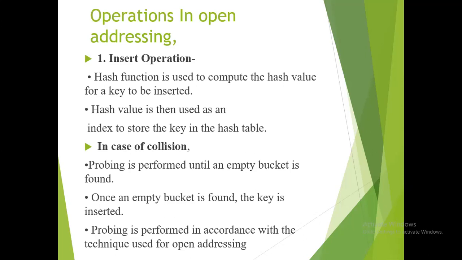The hash value is then used as an index to store the key in the hash table. In case of collision, probing is performed until an empty bucket is found. Once an empty bucket is found, the key is inserted. Probing is performed in accordance with the technique used for open addressing.